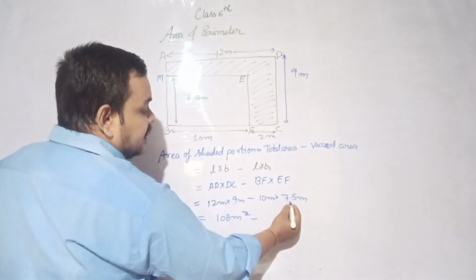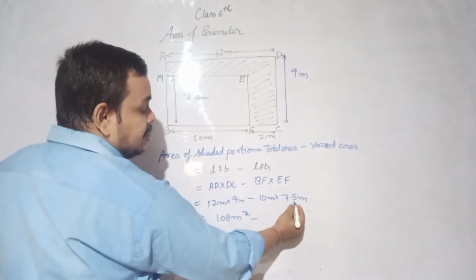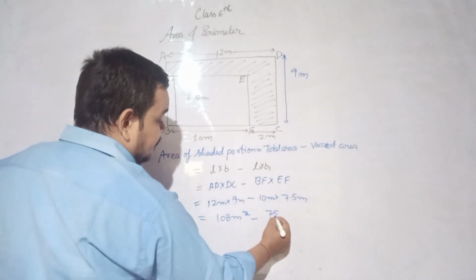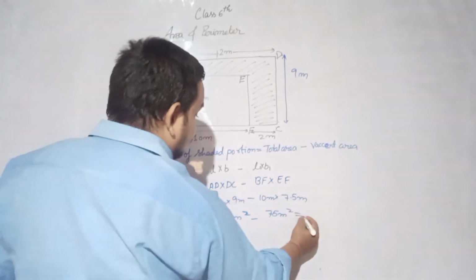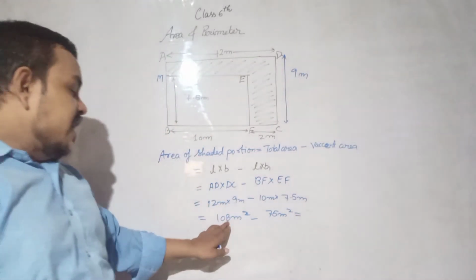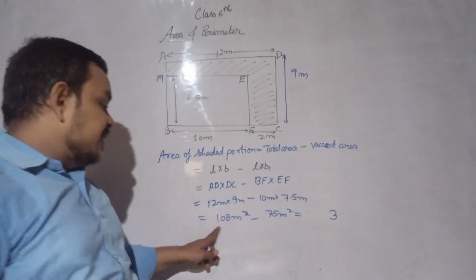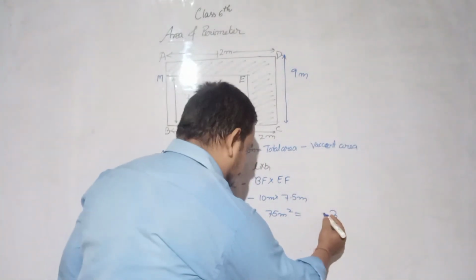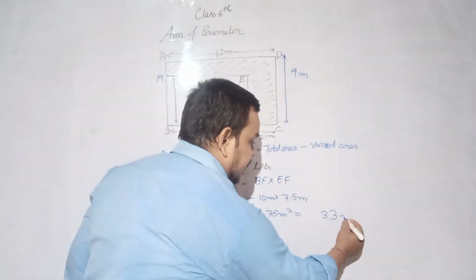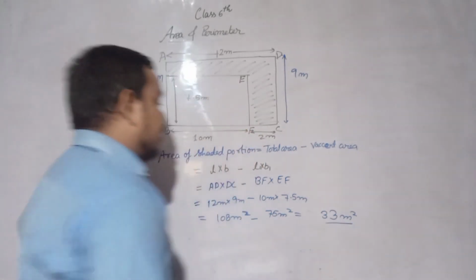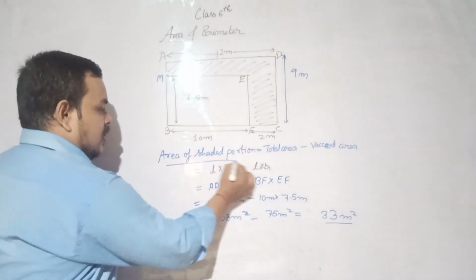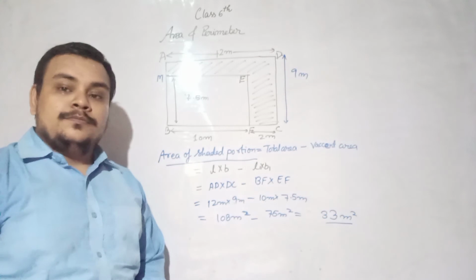And here 10 multiplied with 7.5 becomes 75 meter square. Subtract it. So 8 minus 5 became 3, and 10 minus 7 became 3. It became 33 meter square, the area of the shaded portion.